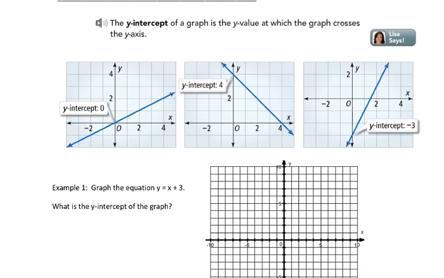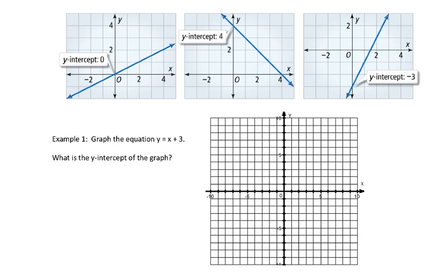Let's go through an example. We are supposed to graph the equation y equals x plus 3. So to do this, we're going to make a table. And our table is going to have 3 columns. The first column is x.